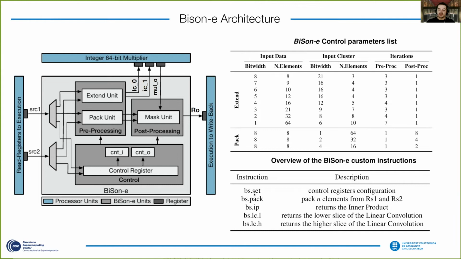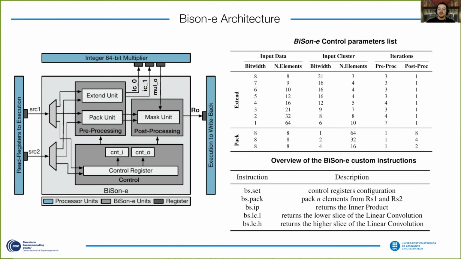The BS set instruction configures the control register with one of the possible configurations of the control parameter list. The control parameter list contains all the information required to correctly perform binary segmentation, like the input data bit width, the number of elements contained in the input data, the dimension and the bit width of the input cluster, and the number of iterations required to process a complete 64-bit register.